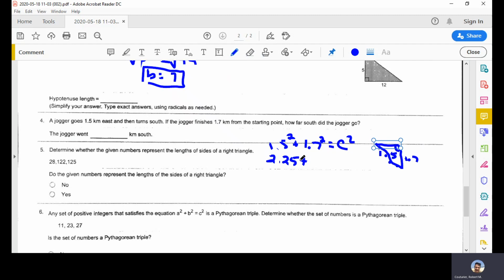And then you have 1.7 and you're going to square it and you get 2.89. Then you have to add your two decimals together, so 2.89 plus 2.25. Use your calculator. It's perfectly fine.